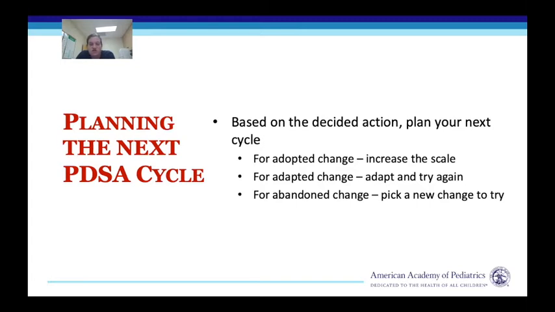So it is a process of cycle after cycle after cycle after cycle. You don't have to turn in all these cycles. You don't have to plan ahead 20,000 cycles.